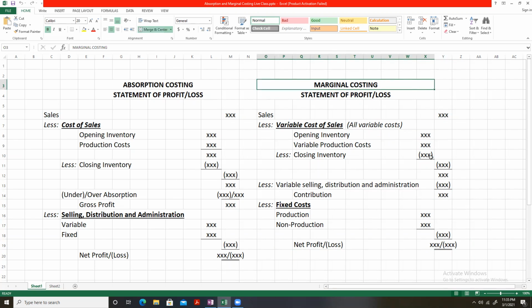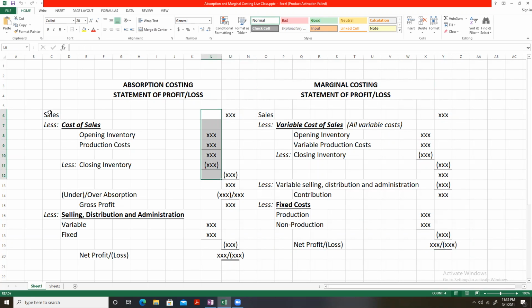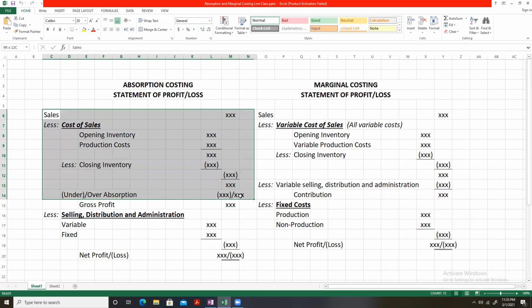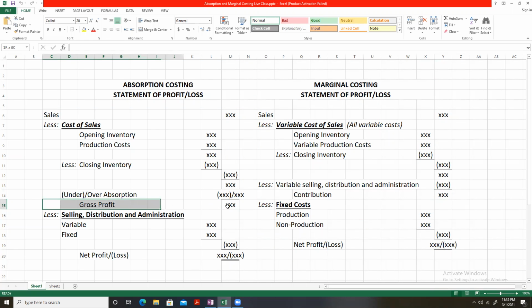But in absorption costing, we subtract all the production costs from the sales revenue to get the gross profit, and all the non-production costs are treated as a period expense. So you can easily understand the difference between the two approaches.